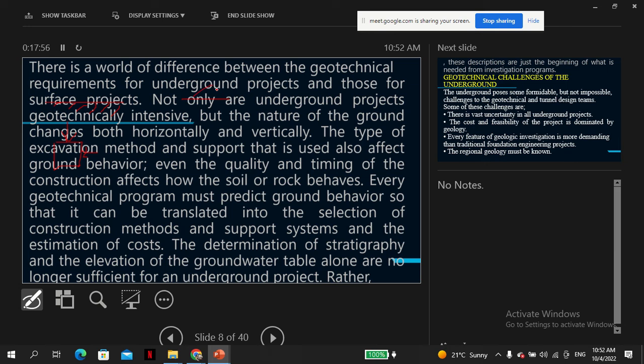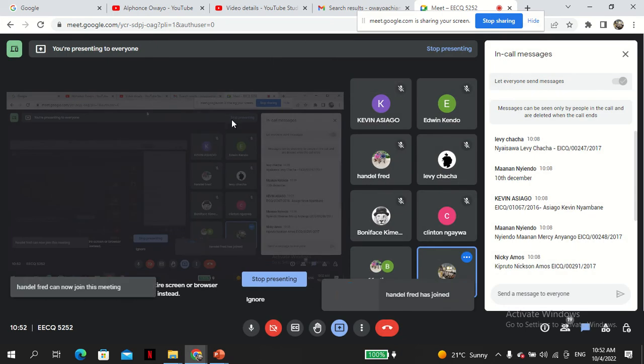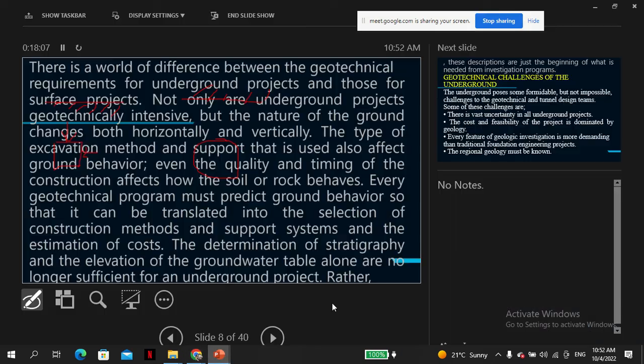So once you do the excavation and there's an opening there, there's what we call a ground reaction curve. The ground reaction curve determines when the ground is stable, because the stress readjustment will take some time.